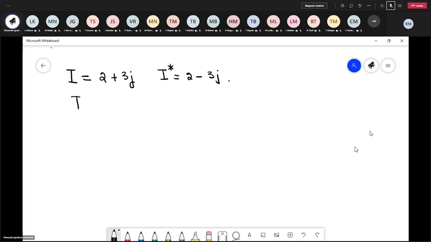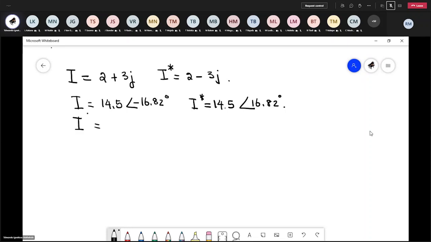If I've got I being 14.5 angle minus 16.82 degrees, I complex conjugate is 14.5 angle 16.82 degrees. If I've got I as 20 angle 13.8 degrees, I complex conjugate is simply 20 angle minus 13.8 degrees.